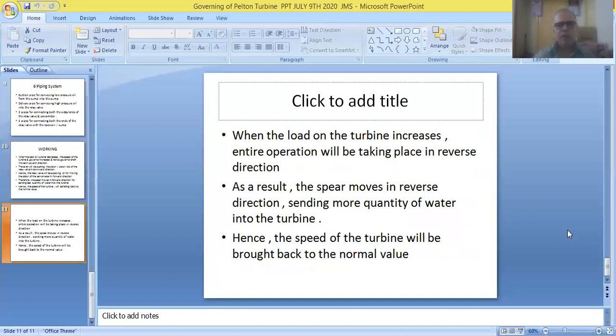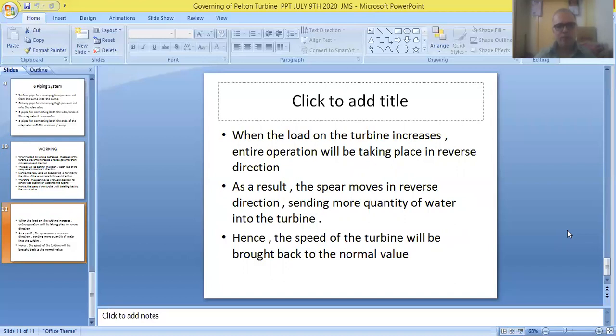Similarly, when the load on the turbine increases, all the operations take place in the reverse direction. The sphere will also move in the reverse direction, and ultimately it will supply more water onto the turbine.